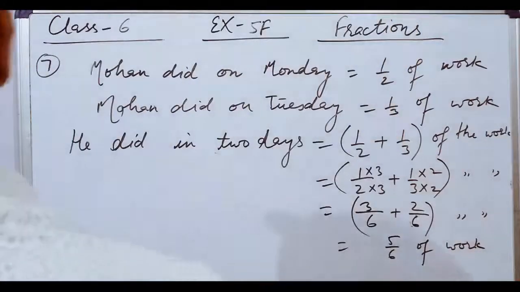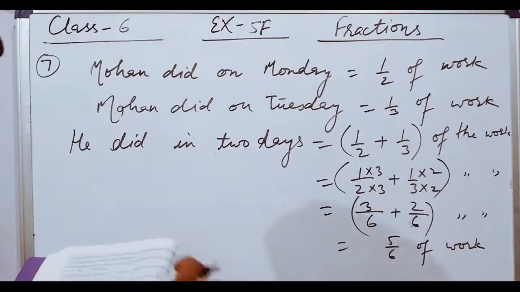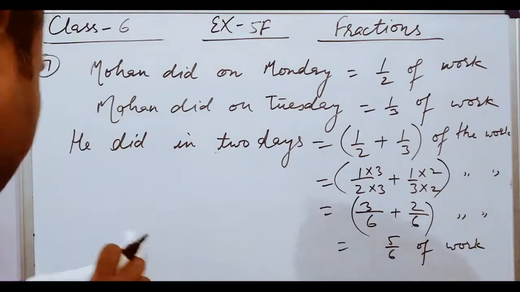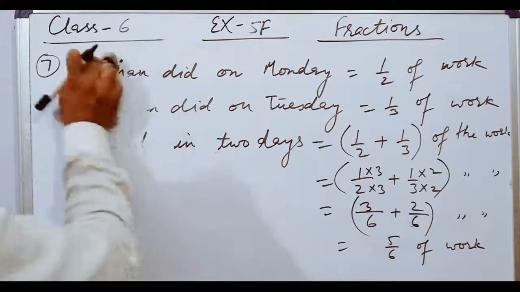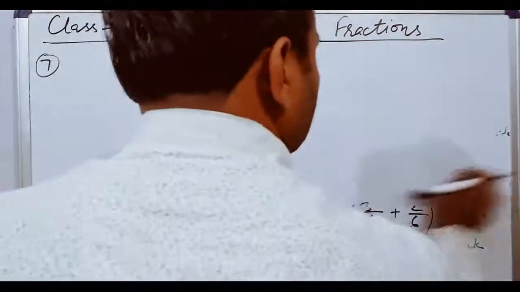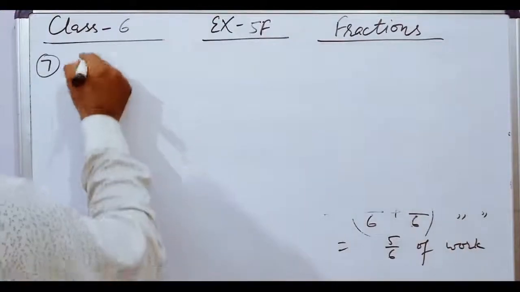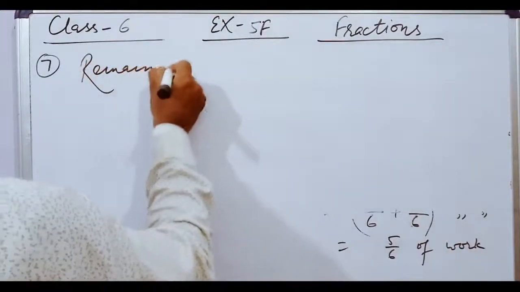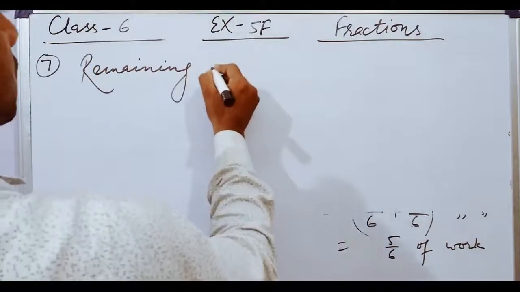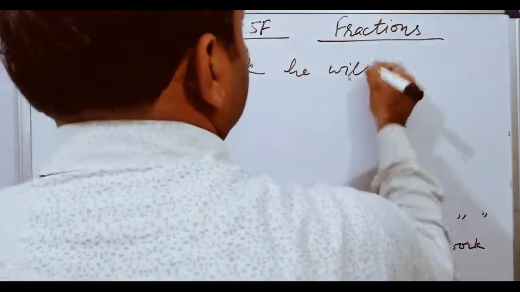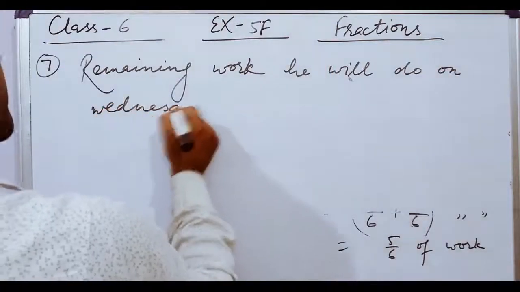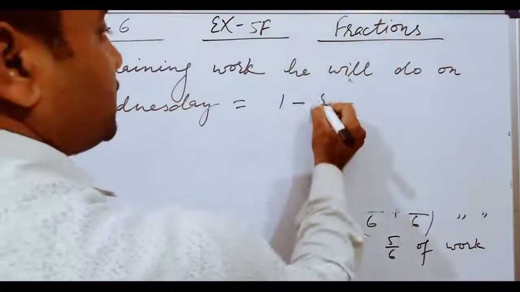Okay, now what is the question? The question is, how much work will he have to do on Wednesday? So remaining work he will do on Wednesday equal to 1 minus 5/6.